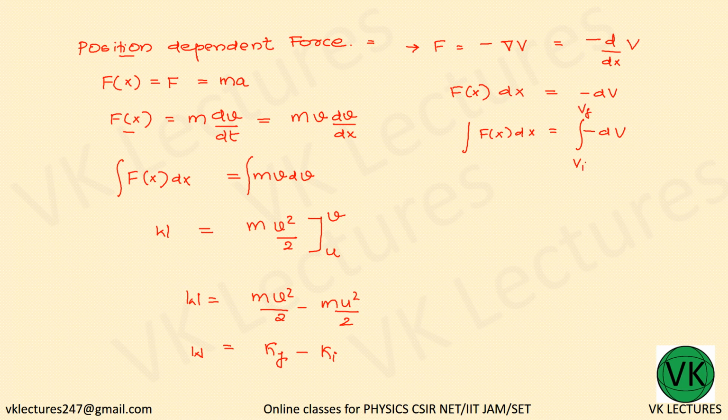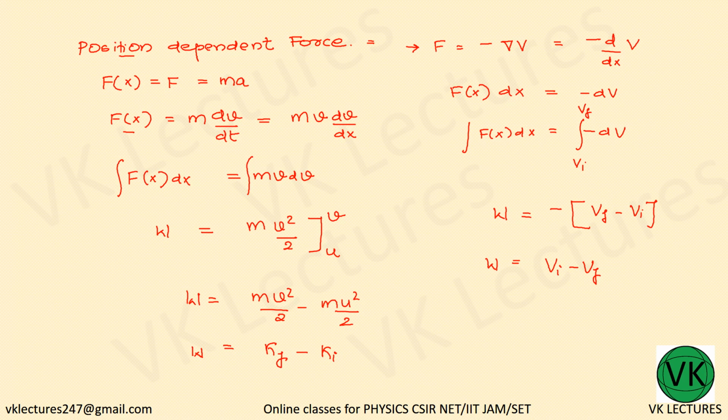So this also gives you work done, equal to minus of Vf minus Vi, that is Vi minus Vf. So work done is equal to the initial potential minus the final potential energy.